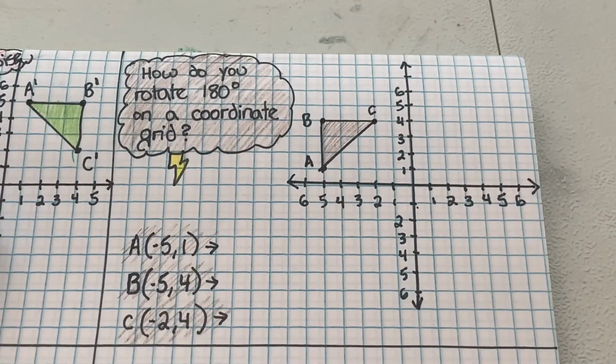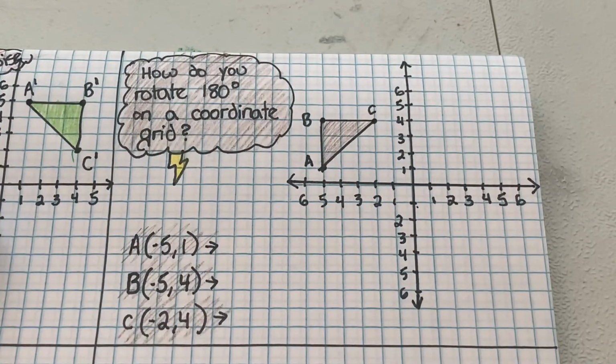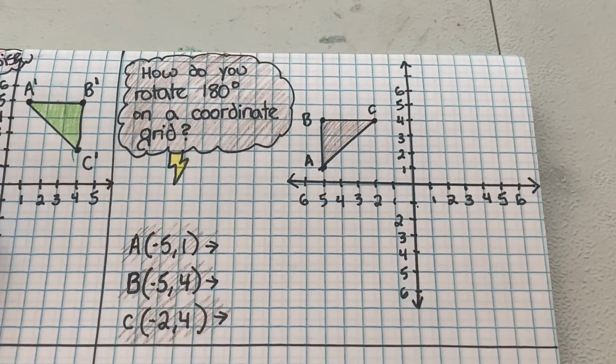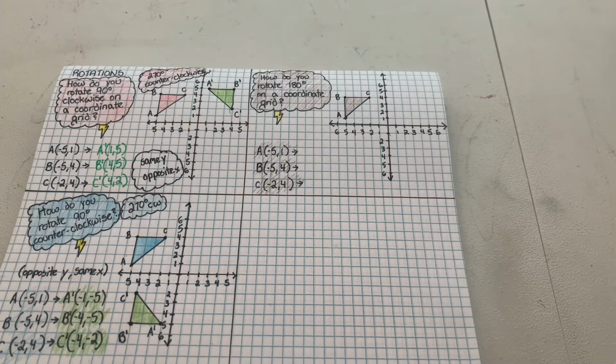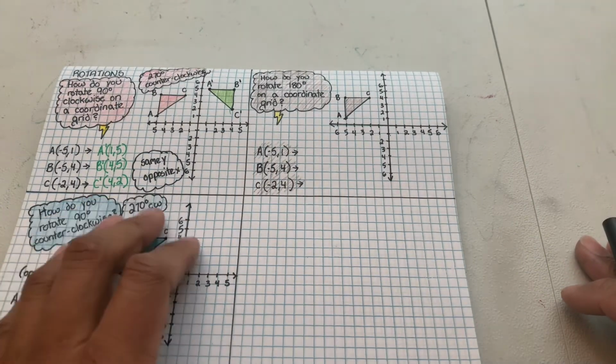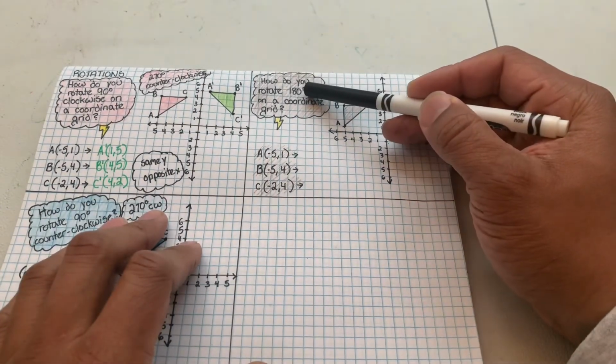All right, so now we're doing 180 degrees on a coordinate grid. So I want you to pause the video and copy this nice and neatly. Make sure you color it. All right, let's go ahead and do the last rotation. So we got to go 180 degrees, right?